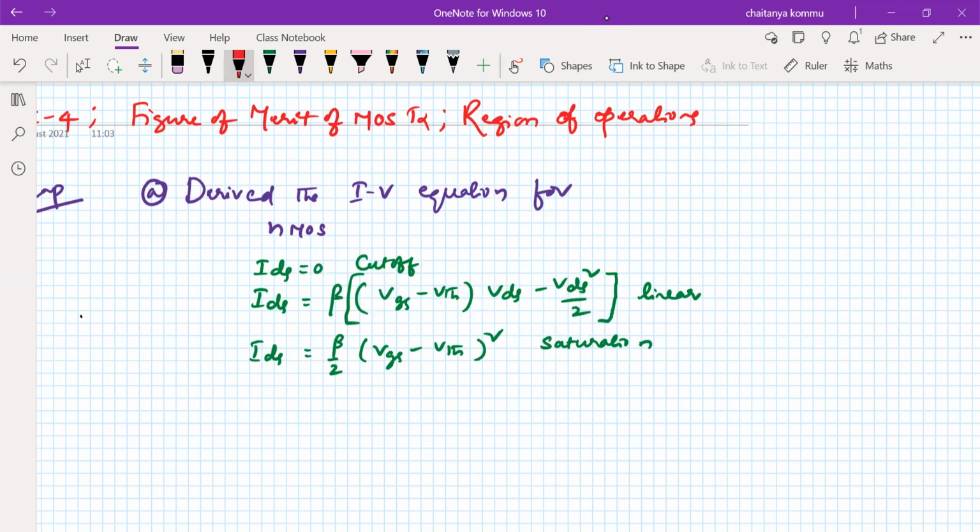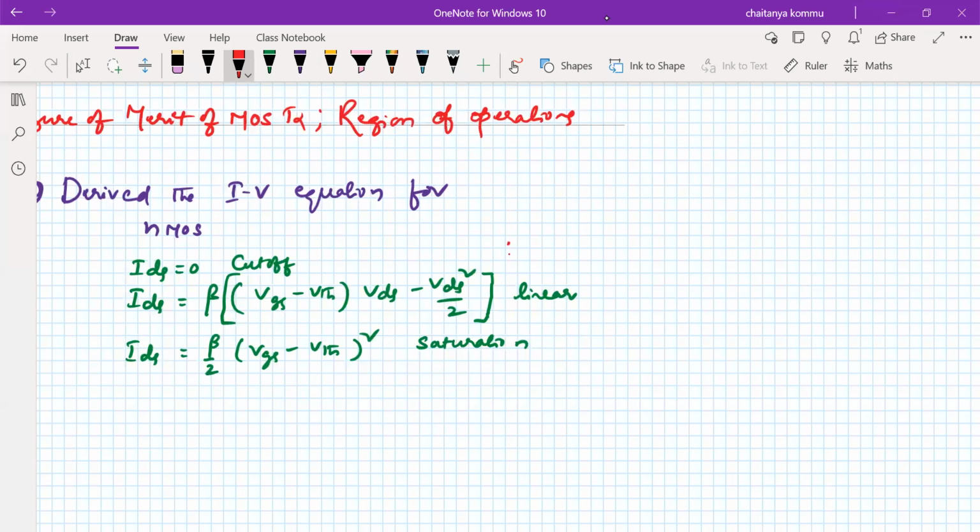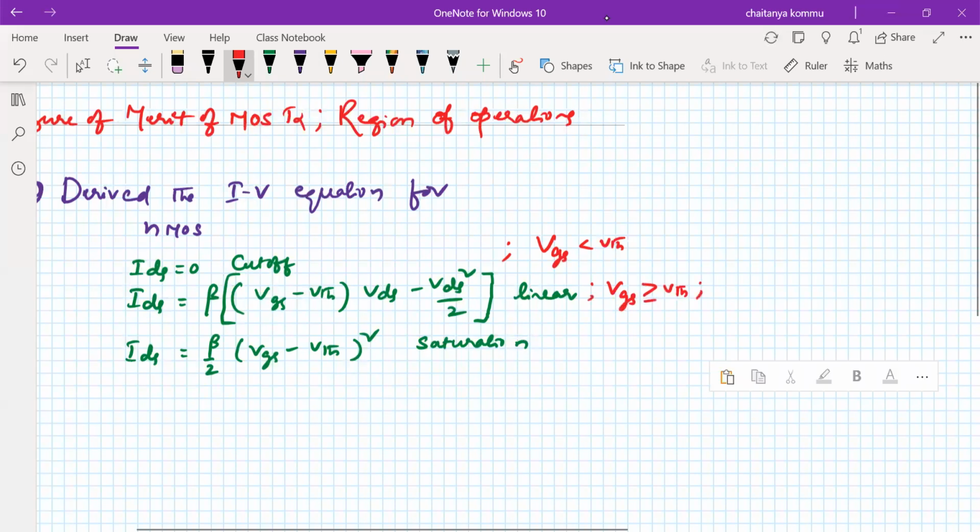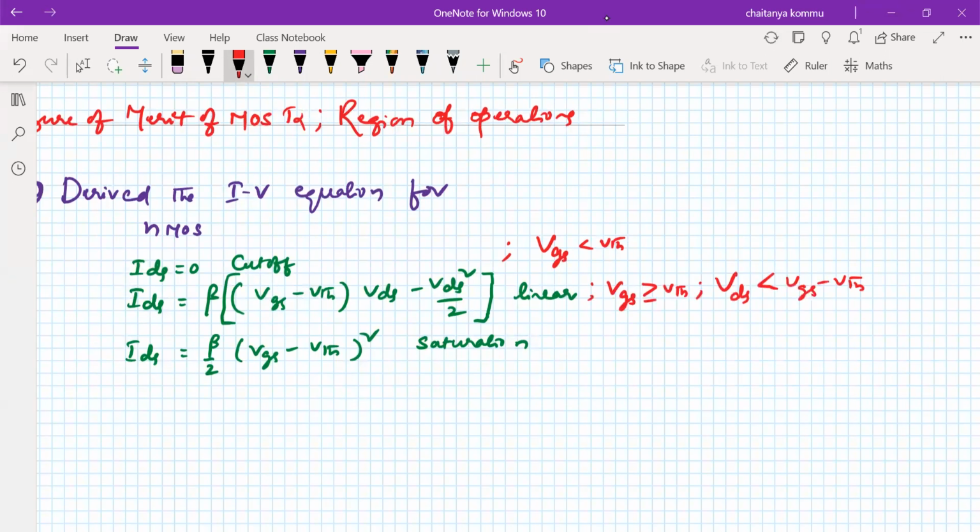These equations hold good, provided VGS value is less than VTH, that is cutoff. And this is also true when VGS value is greater than or equal to VTH and VDS value is less than VGS minus VTH.